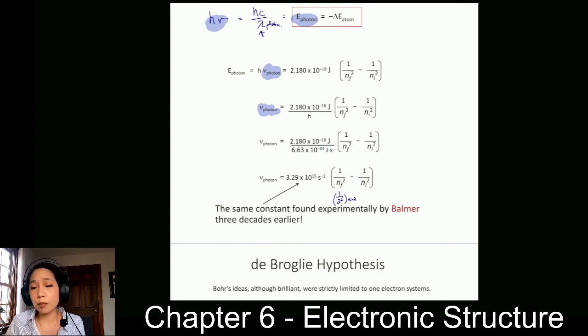This is more of a modern approach to atomic theory and atomic structure, so there's a little bit more detail that we have to get to. Niels Bohr didn't get all of the details, but he got a lot of them to have us understand how electrons behave and how that relates to the observations that we see in the photoelectric effect and in the discharge tubes.